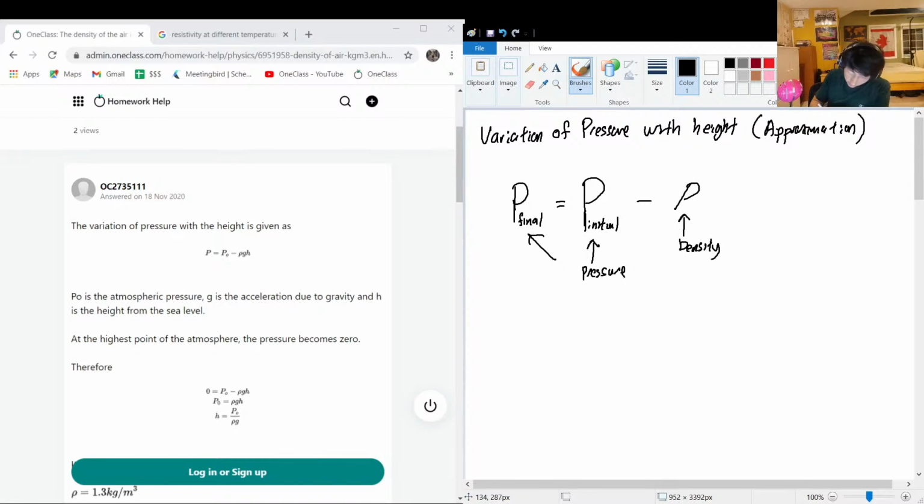These are both pressure values. It's going to be minus the density multiplied by gravity multiplied by the change in height. I think it'd be better to say the change in height. Yeah, so this is the gravity acceleration, and this is going to be change in height.